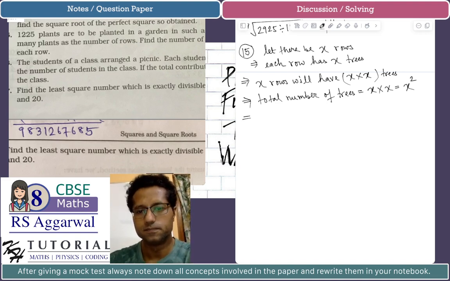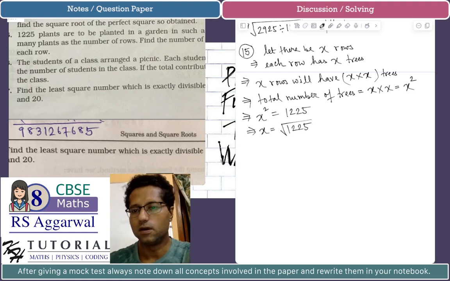It is given that the total number of trees is 1225. So from here we can see that x will be equal to the square root of 1225. Now we have to find the square root of 1225. Let's use the prime factorization method.